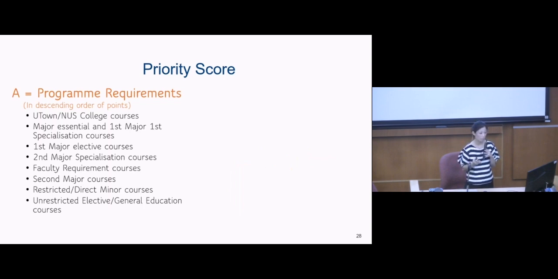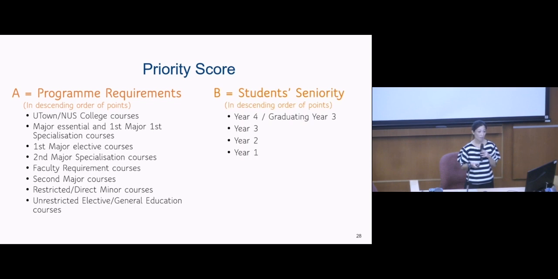This is what we mean by program requirements. I'll give you some time to look at it. Of course, students who are graduating will be given more priority. You will also be given priority if you give rank 1 to a course that you are registering for.